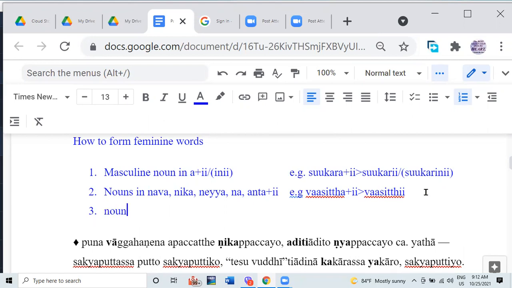So nouns, we can say adjectives, ending in a take only the ā suffix, no other suffix and no inī suffix.